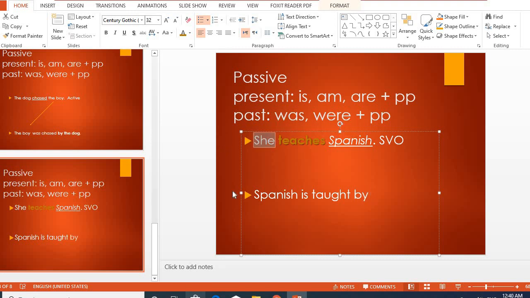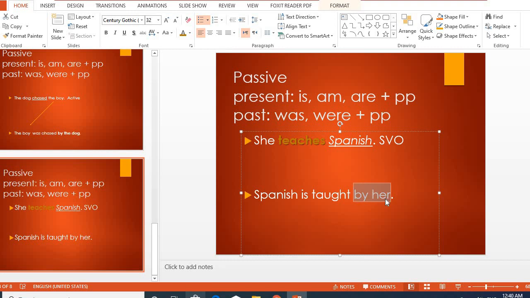She. My question is, do I write she as it is here or do I change it? Of course I change it, because she is a subject pronoun because it came at the beginning. But when it comes at the end of the sentence, it should be an object pronoun. What is the object pronoun of she? Her. So Spanish is taught by her.